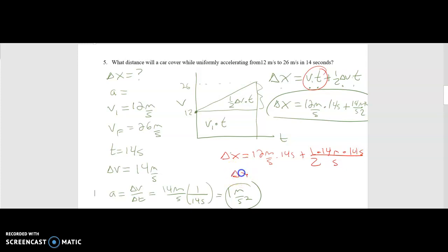So if we do the math, 12 times 14 is 168, seconds go away, meters, plus 14 times 14 divided by 2 is 98, and check it out, the seconds go away, so you're left with meters again. So your total displacement is those things added up, which is 266 meters.